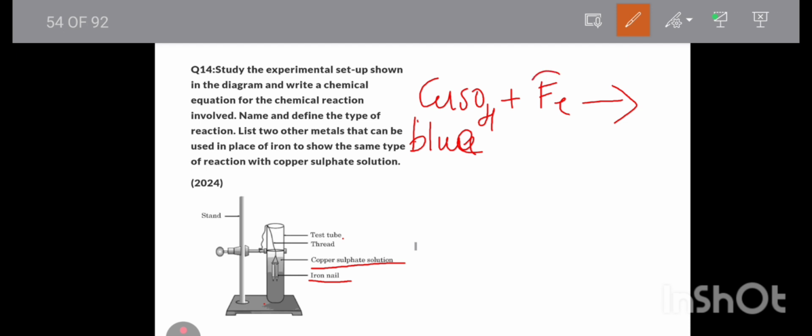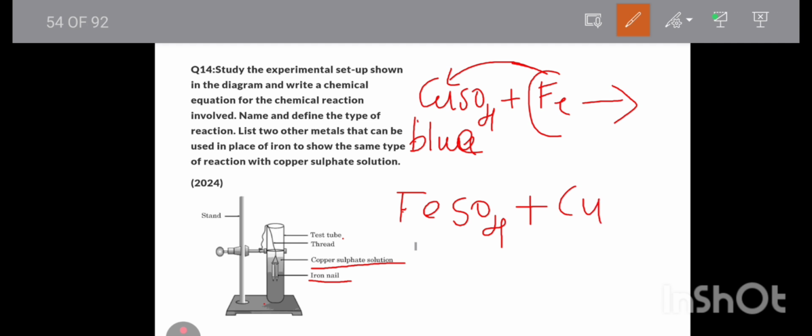Iron is highly reactive, so it will displace copper from copper sulfate solution. We will be getting FeSO4, ferrous sulfate, and copper will also be formed. Due to the formation of ferrous sulfate, a pale green solution is formed, and the copper liberated sticks on the iron nail as a brown coating.